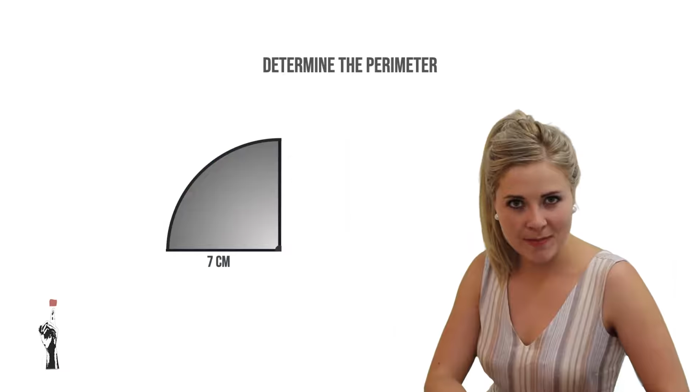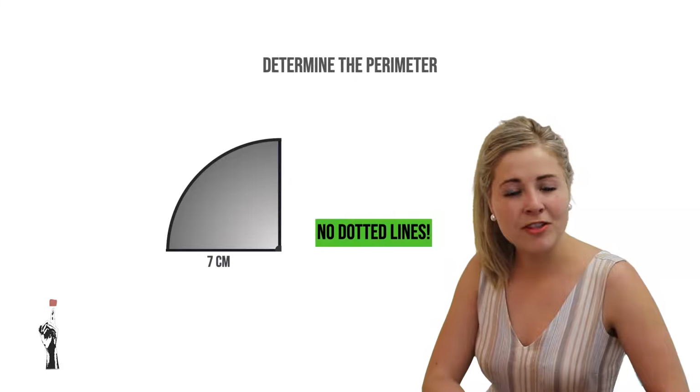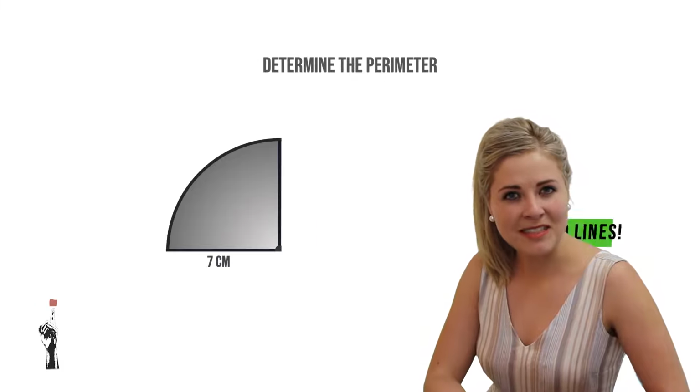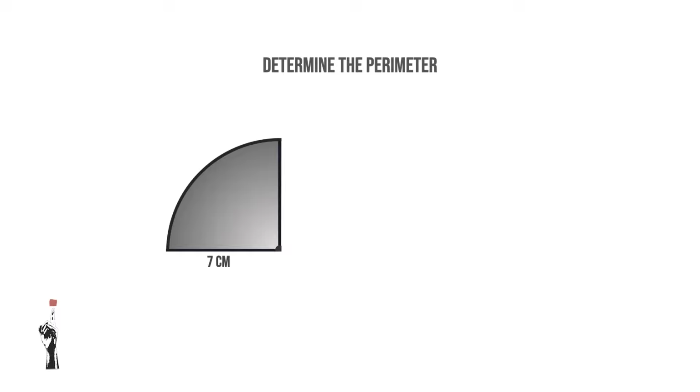Let's determine the perimeter. Now there are no dotted lines. I only see solid lines. Therefore, the perimeter will include this rounded line, plus this blue straight line, plus this red straight line. That equals my total perimeter.